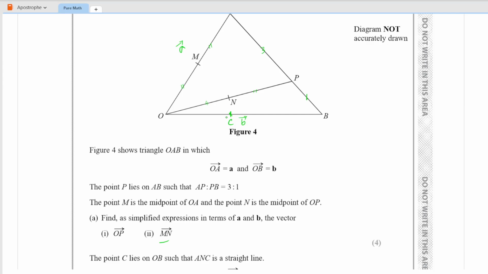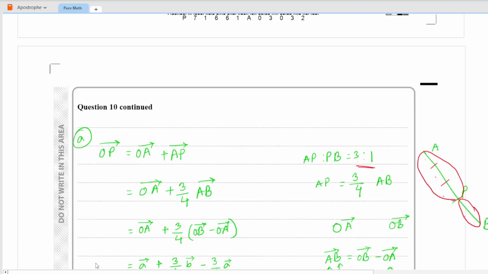So basically OC is equals to something multiplied by OB. Now we don't know this value, so we basically have to find it. So for that, we express one vector in two ways with the help of different sets of vectors. Let me explain.